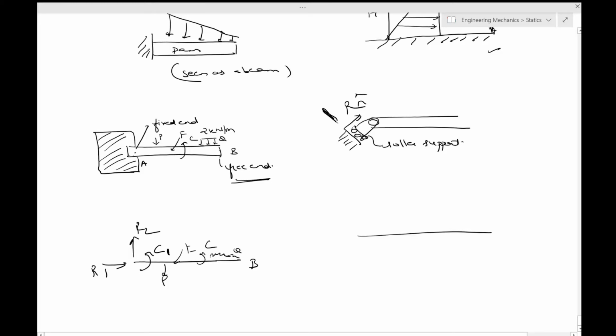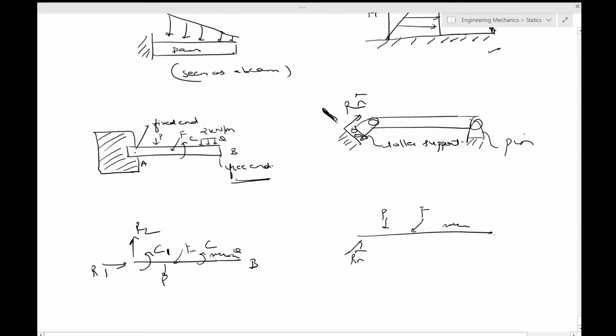Over here for the roller, I can draw it as R N hat, then again P, F, 2 kilonewtons per meter. And then over here you can have a pin.